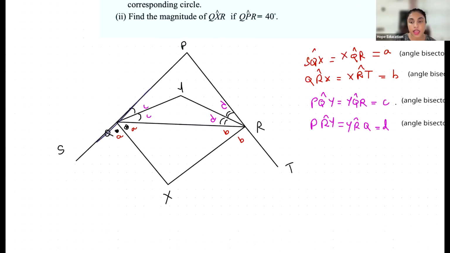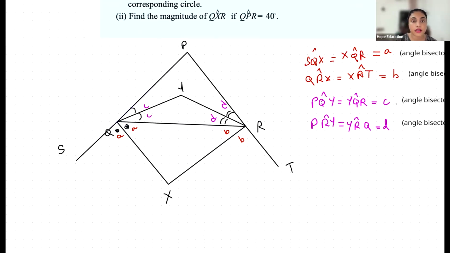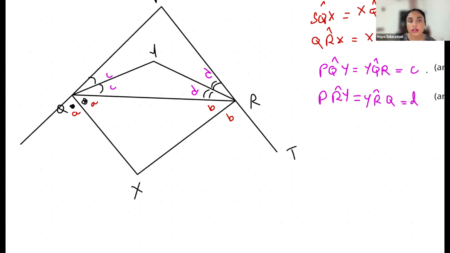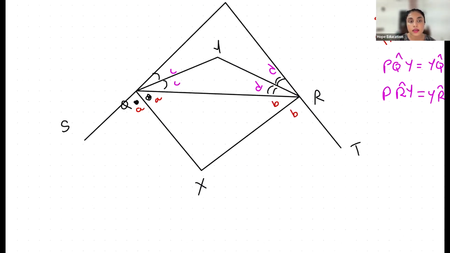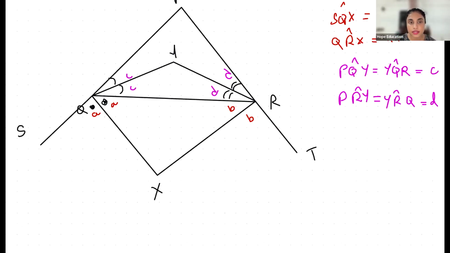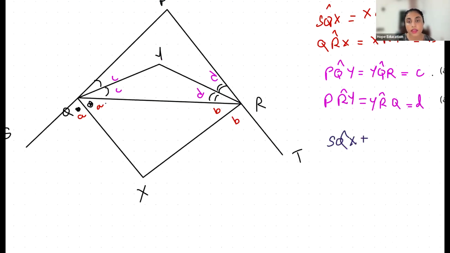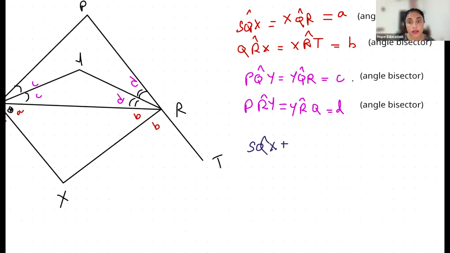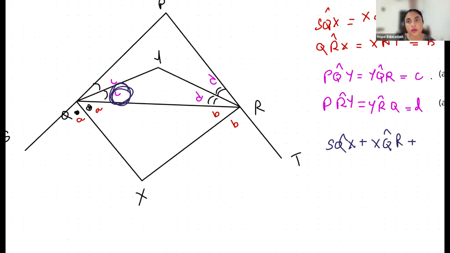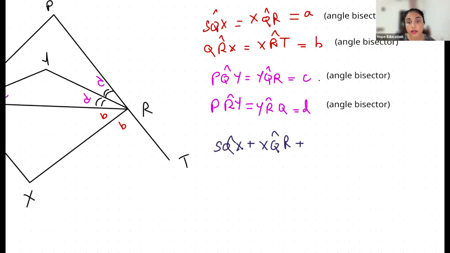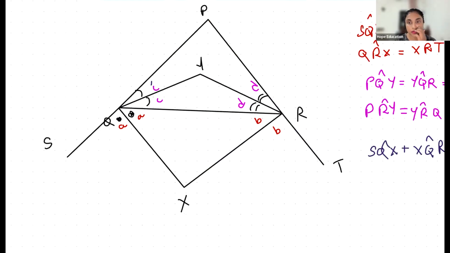You know this is a straight line. SQX plus XQR plus this one YQR plus this one, that is PQY, right?